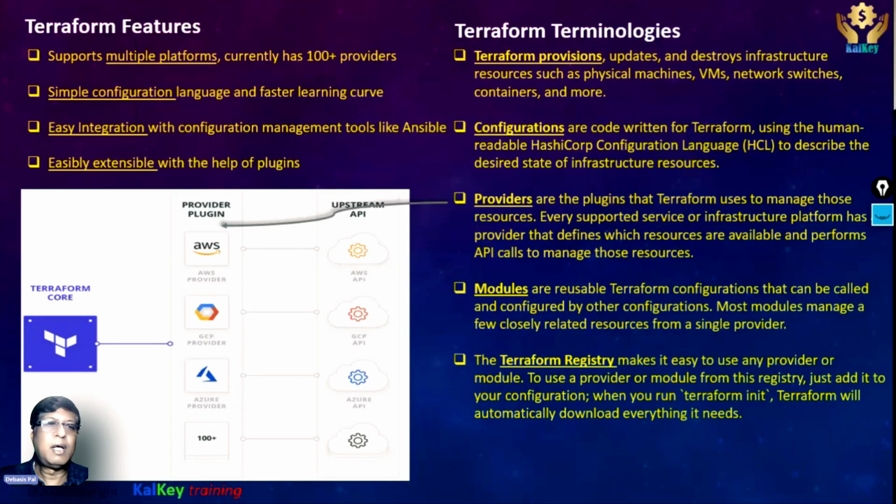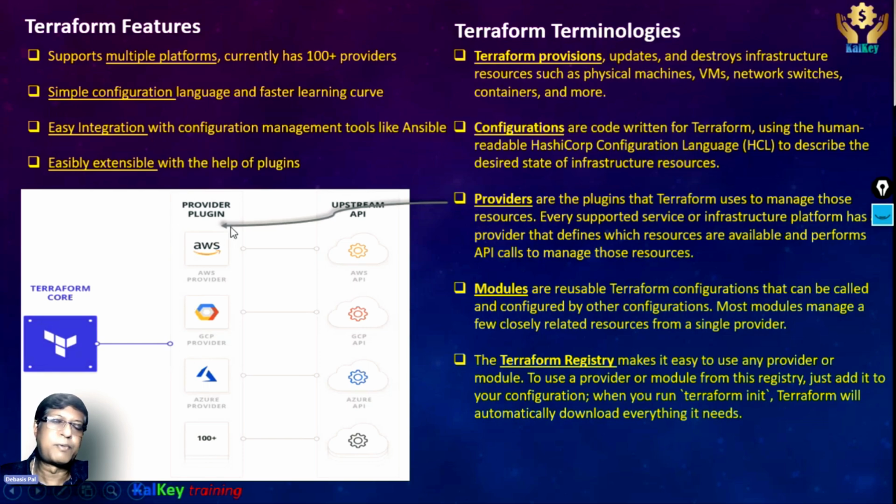You can have any type of cloud, whether it is Azure or Google Cloud. The picture is a bit hazy, but this is the symbol of Azure Cloud, this is the symbol of Google Cloud, this is the logo of AWS Cloud, and here is the logo of Terraform. So you will use Terraform scripts to create the infrastructure on various clouds.